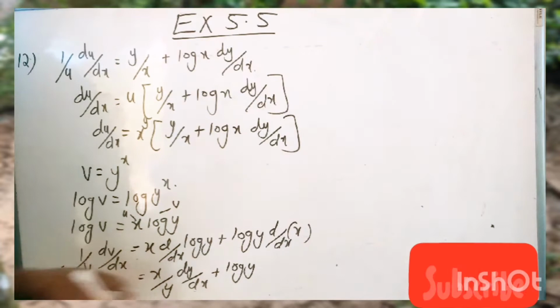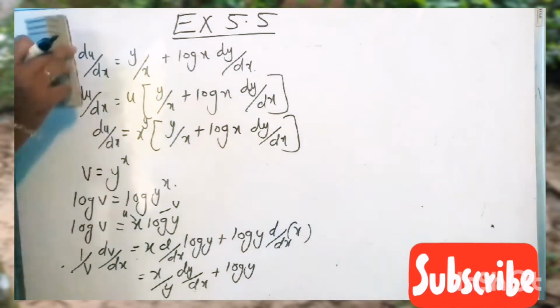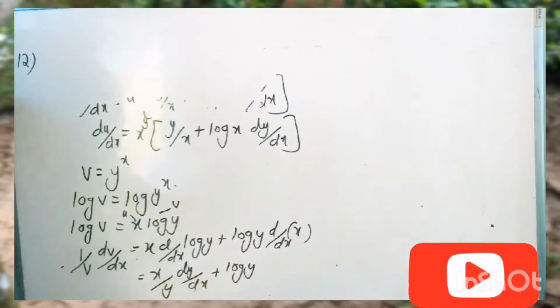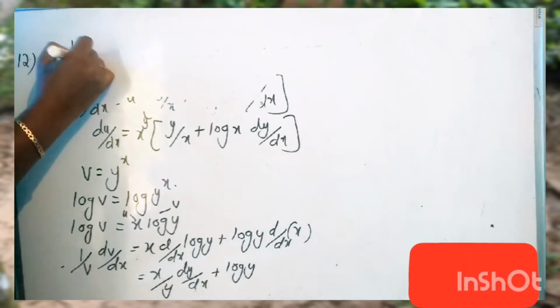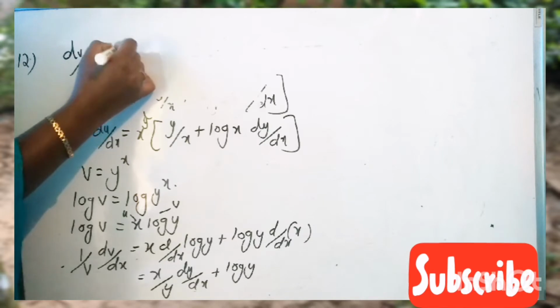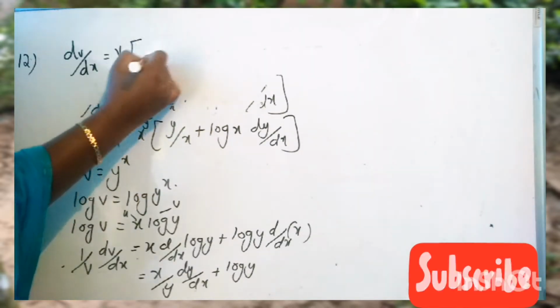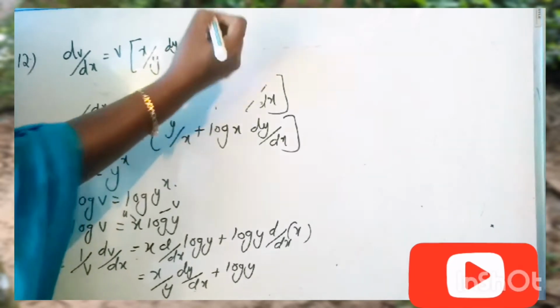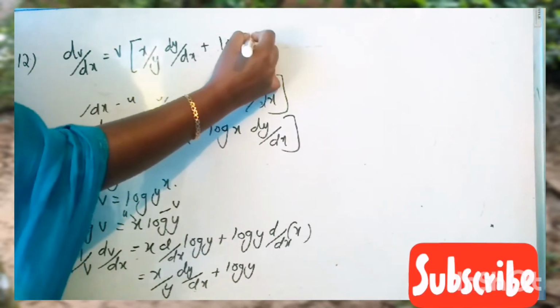Now take this v to the RHS. Then dv by dx is equal to v into x by y into dy by dx plus log y.